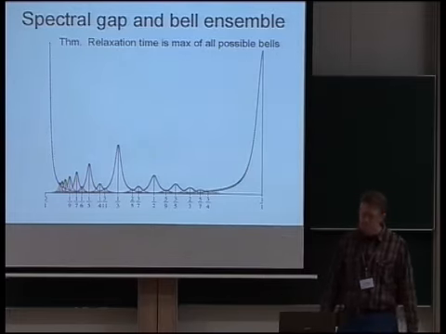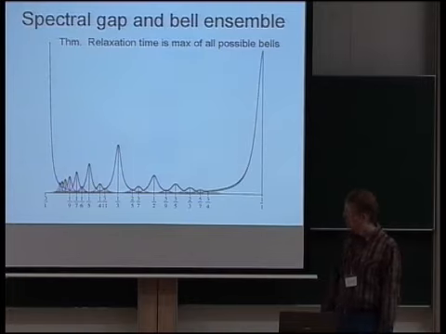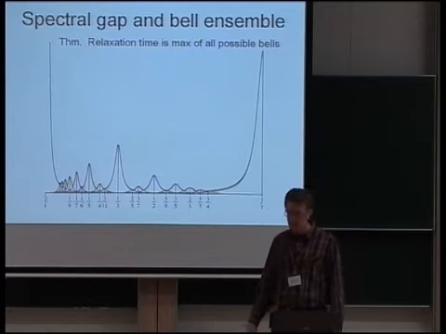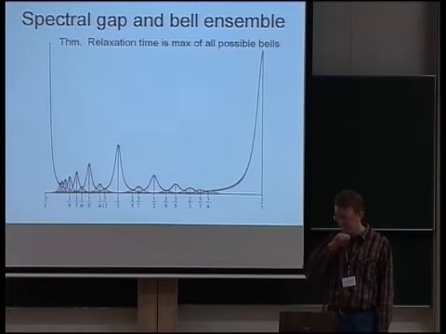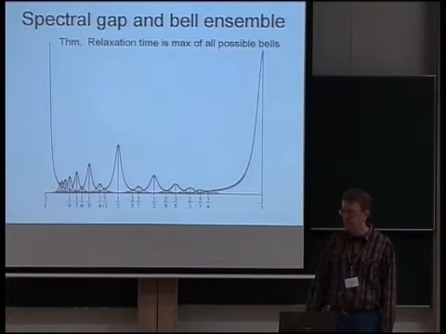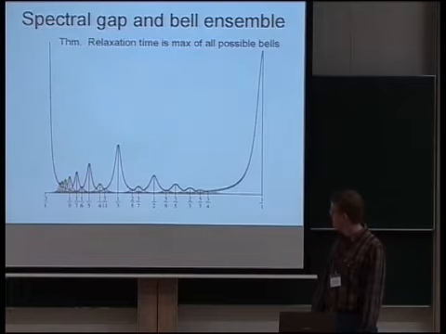Okay, so I'm not going to prove these here, but I just wanted to indicate how you might go about deriving what the spectral gap is, and perhaps explain why the bell at 0 is a little bit different.